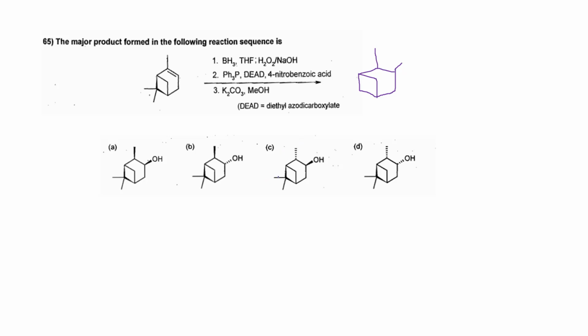Now there is another aspect. Here you can see this part is above the plane. So the incoming boron hydride will try to come from below the plane, because above the plane is already hindered by this ring structure. So the incoming boron will try to come from below the plane.